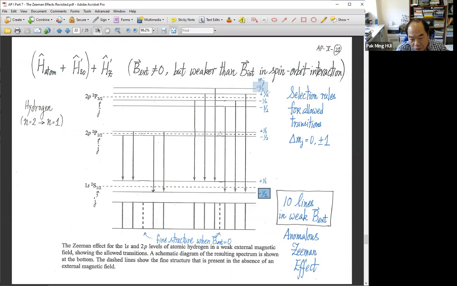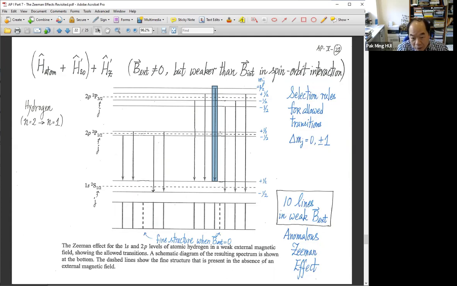Starting from 3 half, it can only go to half. It cannot go to minus half because the delta mj will be too big. Light cannot supply such a deficiency of mj. Okay, that is some angular momentum here. Okay, so you only saw this line starting from 3 half.